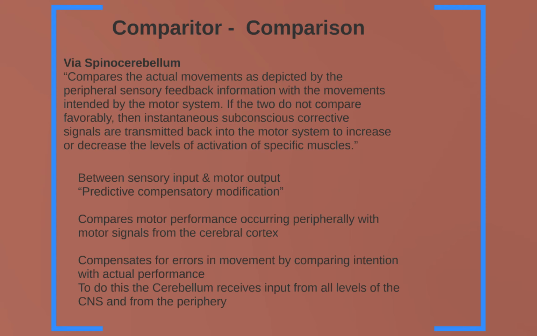So what this is saying is that the spinocerebellum is, in real time, comparing your actual movement with what you intended to occur and utilizing its afferents to determine if the exact intention is being carried out.